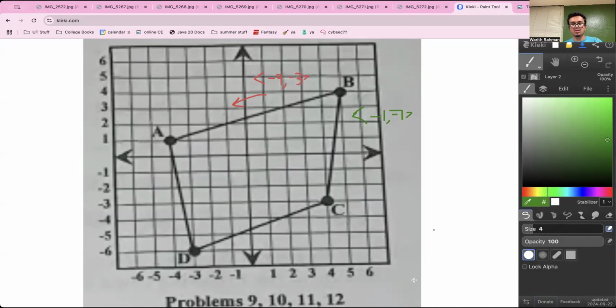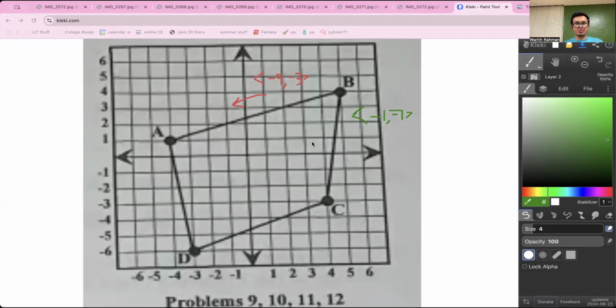What the dot product formula says is that for two vectors A and B, A dot B is equal to the magnitude of A times the magnitude of B times the cosine of the angle between them.